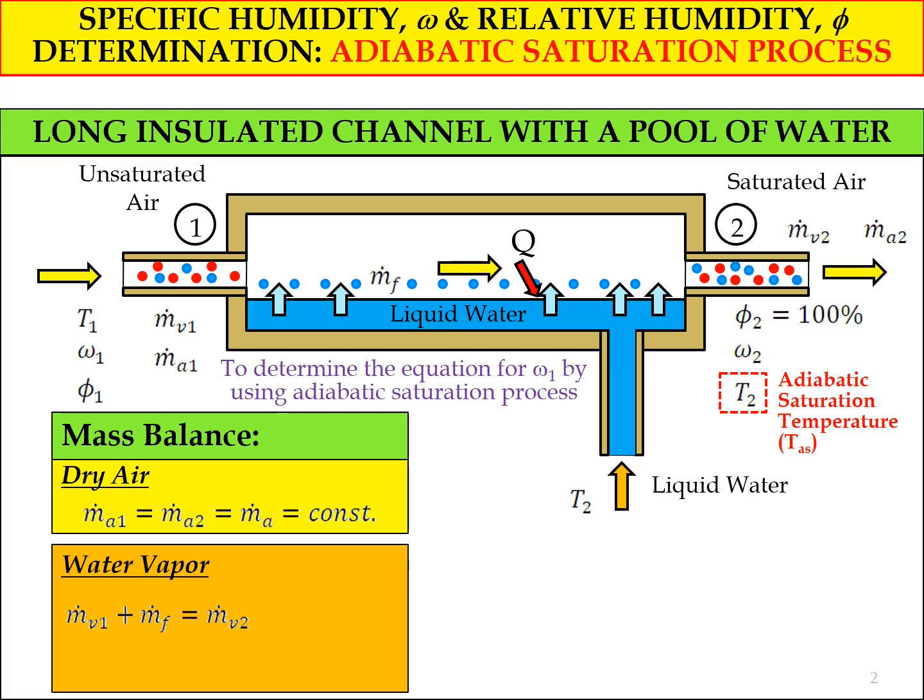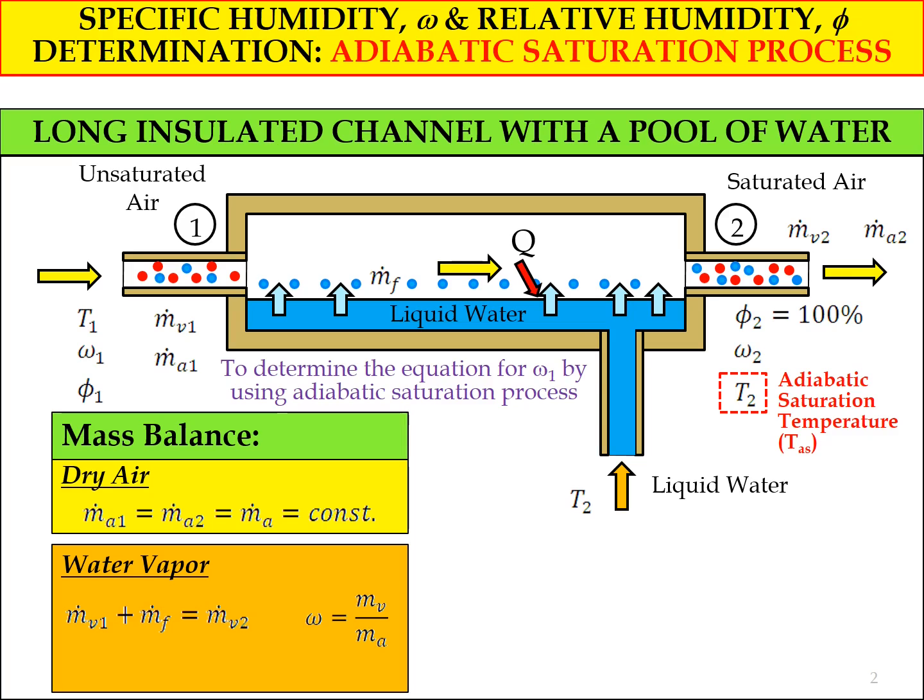For water vapor, because the process involved is an evaporation process, where we have an additional amount of water vapor due to the evaporation, in terms of the mass balance equation, we will have mv1 dot plus mf dot equal to mv2 dot. So the mass flow rate of water vapor at the inlet plus the additional water vapor during the evaporation into the air will be equal to the mass flow rate of water vapor at the outlet.